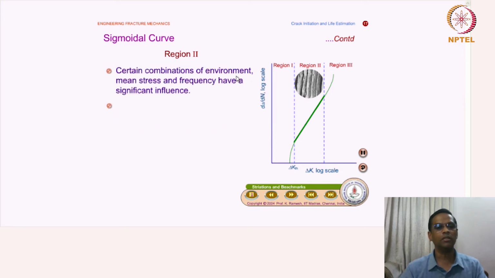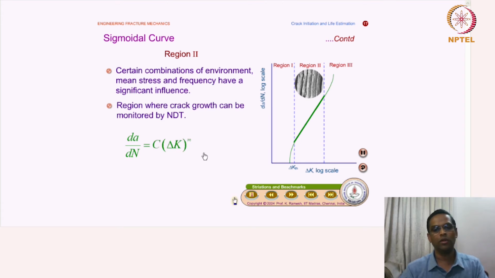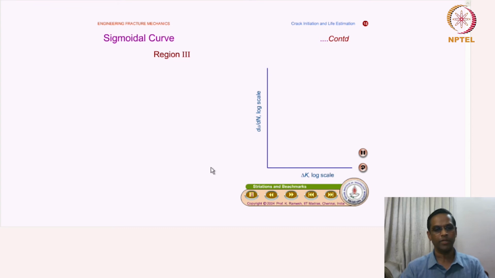Certain combinations of environment, mean stress, and frequency have a significant influence. And in this region the crack growth can be monitored by NDT. Because it is a steady state growth, it can follow the Paris law, and it can be nicely monitored by an NDT technique.